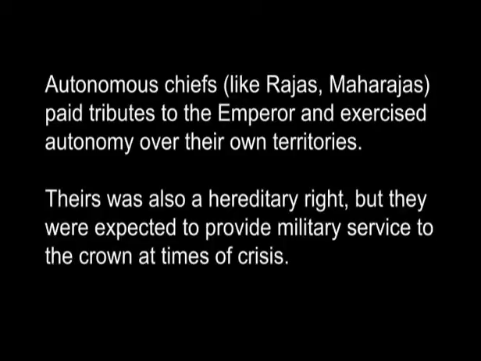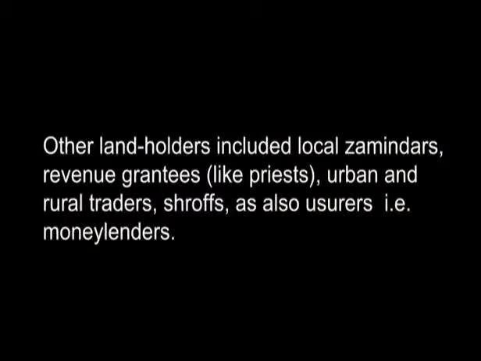And there was one very important condition: each of them had to render military service to the state in times of need. That is an important precondition. Now, besides this, there were some intermediate classes of local Zamindars, small Zamindars, revenue grantees, religious persons who got land, urban and rural traders, shops, usurers, moneylenders.